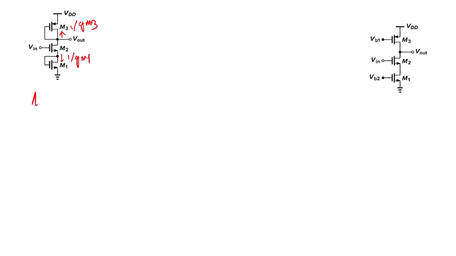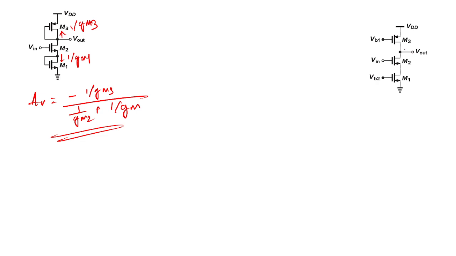So what will be the gain? Minus the total impedance on the drain side, which is 1 by Gm3 by 1 by Gm2, plus the total impedance on the source side, which is 1 by Gm1. So you can see, you can easily solve this problem.